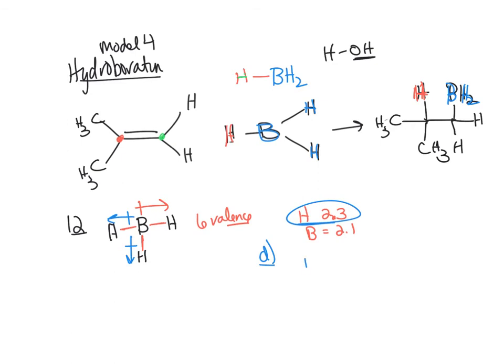D. Which atom in BH3 is more likely to act as the electrophile? The boron, isn't it? Yeah, because the boron's more delta positive. In the mechanism for hydroboration, the boron and hydrogen add to the alkene at the same time. What do we call that? It's concerted.